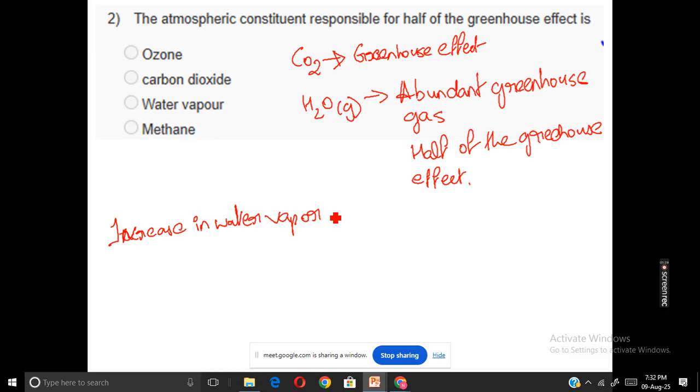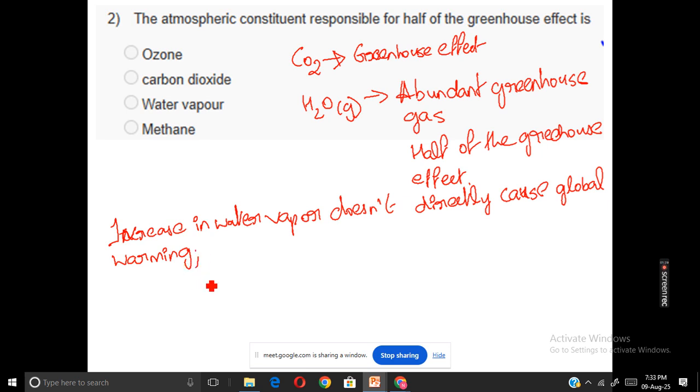So what actually happens is that increase in water vapor doesn't directly cause global warming. What happens is that as carbon dioxide and methane, which are important greenhouse gases, increase, the temperature of the atmosphere increases.